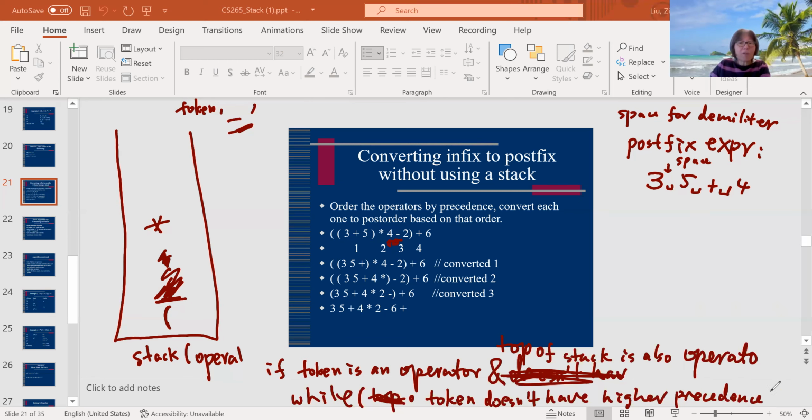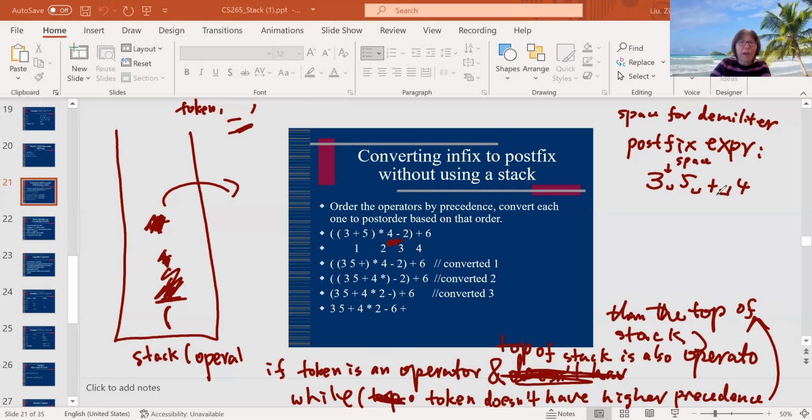than the top of the stack, what you need to do is pop it out and apply it to the postfix expression.